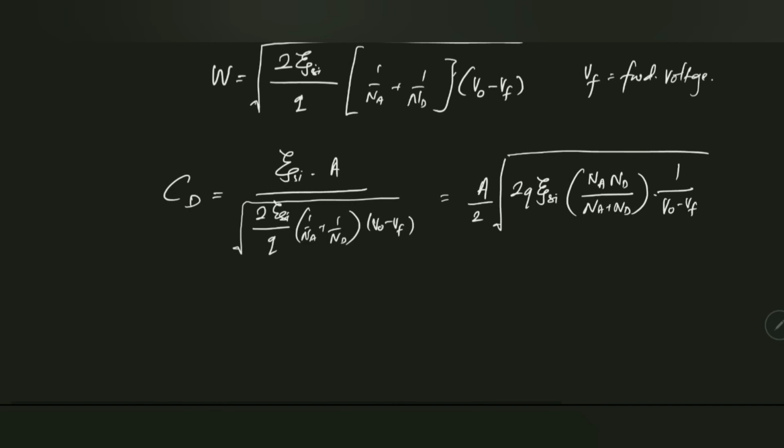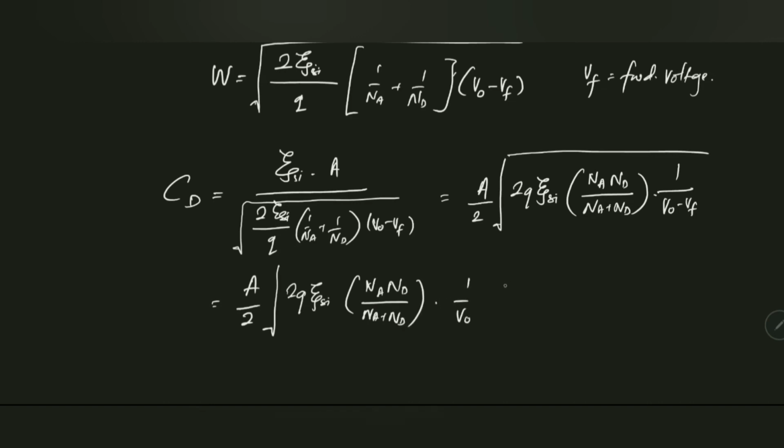Again, to represent it in terms of the equilibrium capacitance, I replace the equation this way: 2q epsilon Si into Na Nd divided by Na plus Nd into 1 by V0.